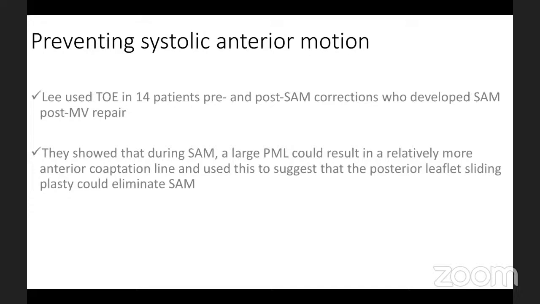Lee used transesophageal echo, pre and post SAM correction, in patients who developed SAM post MV repair, and they showed that during SAM, a large posterior mitral leaflet could result in a relatively more anterior coaptation line, and used this to suggest that posterior leaflet sliding plasty could eliminate SAM.